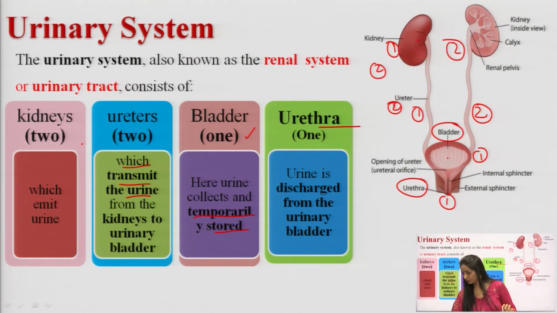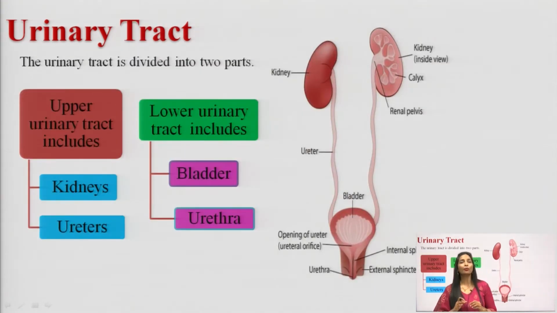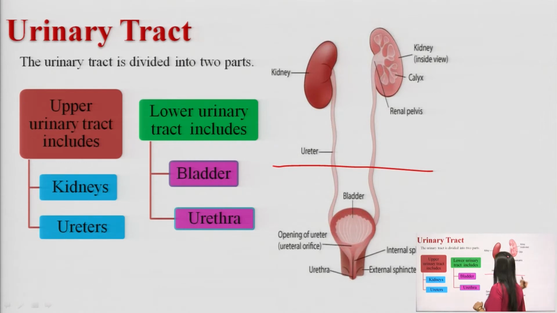If I am talking about the urinary tract, it consists of two main parts, which you can divide as the upper urinary tract and the lower urinary tract. This is the kidney, this is the upper and this is the lower.